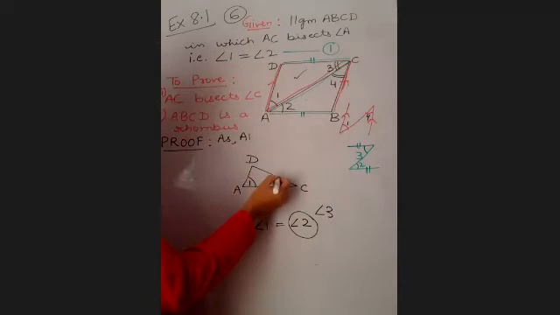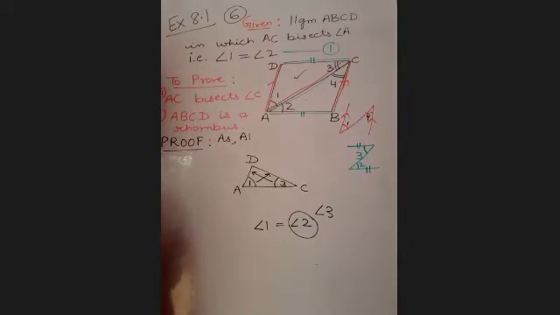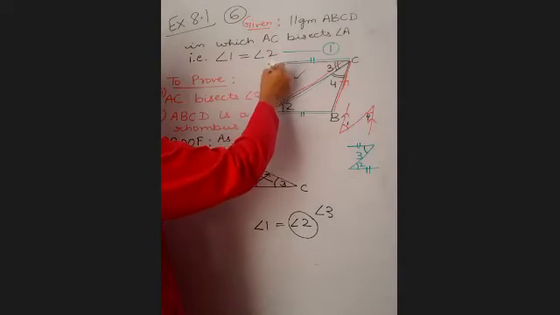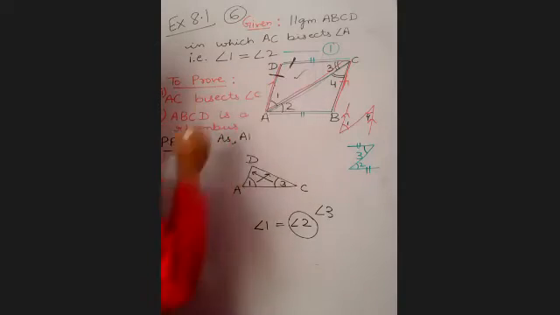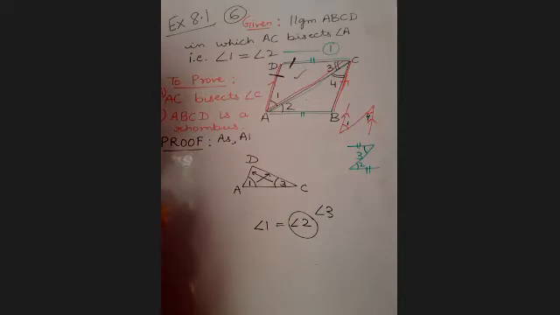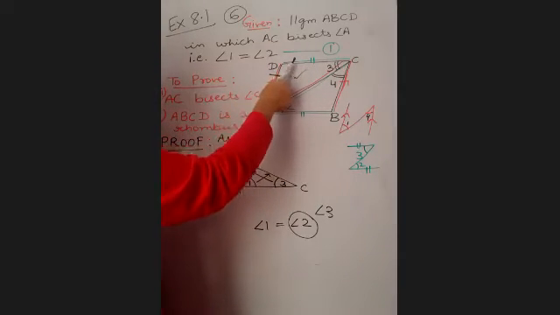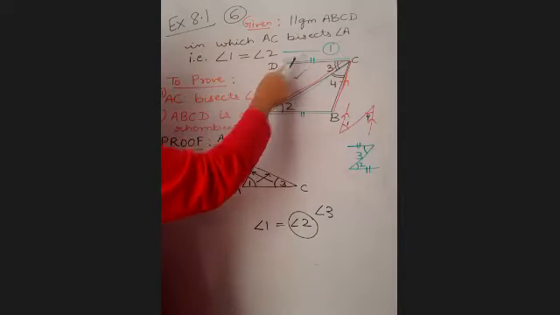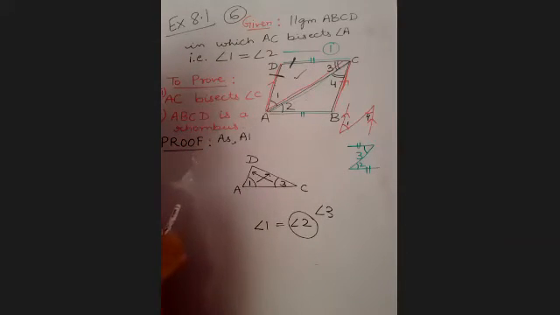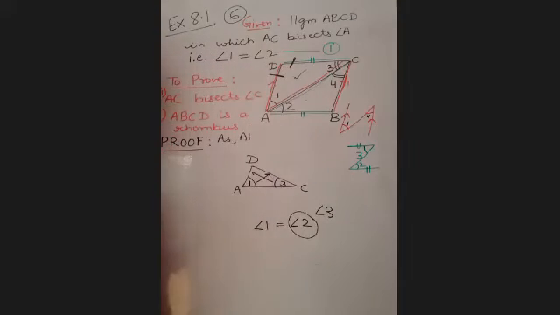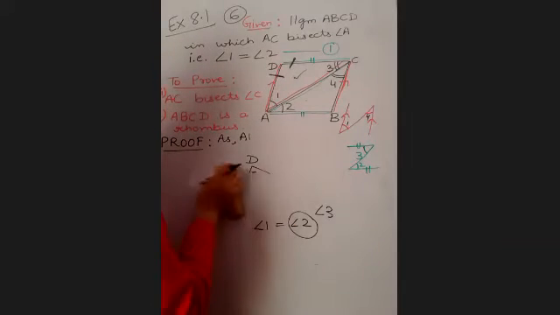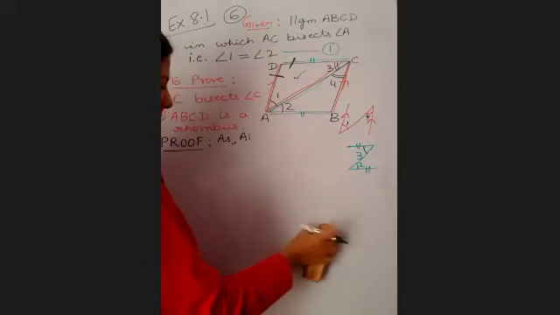Now, when angle 1 equals angle 3, the opposite sides of the triangle will also be equal. So AD is equal to DC, and these are the adjacent sides of the parallelogram. When adjacent sides of a parallelogram are equal, it becomes a rhombus.